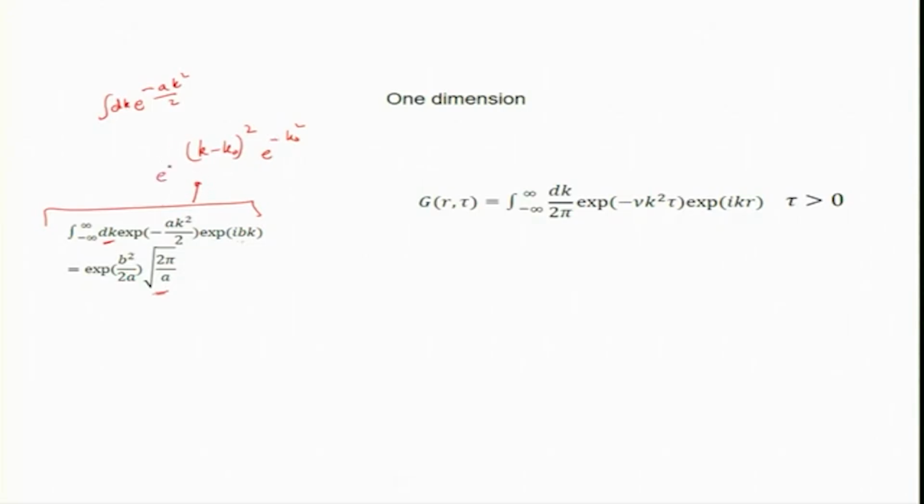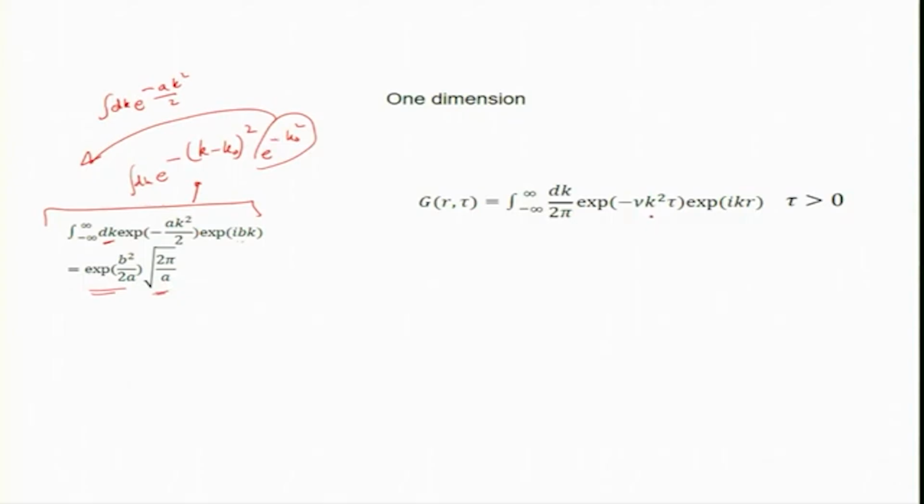The exponential part, this is root pi by a, integral dk, and this is a constant which comes out of the integral, and that gives us this. So, this integral can be done by using this formula.